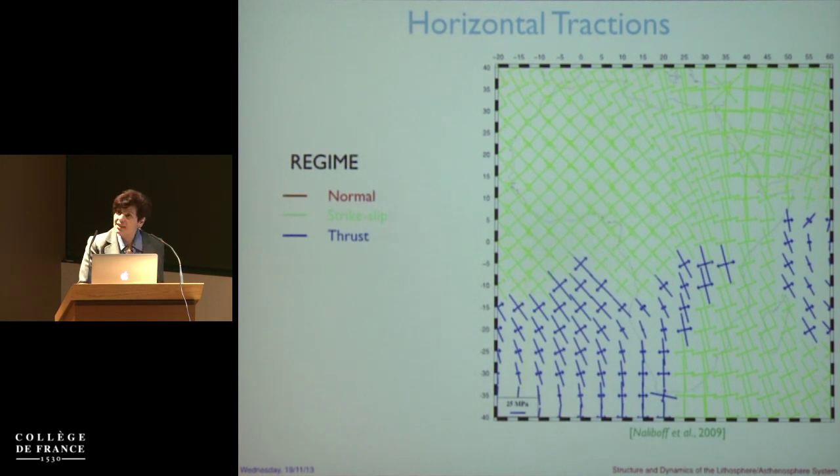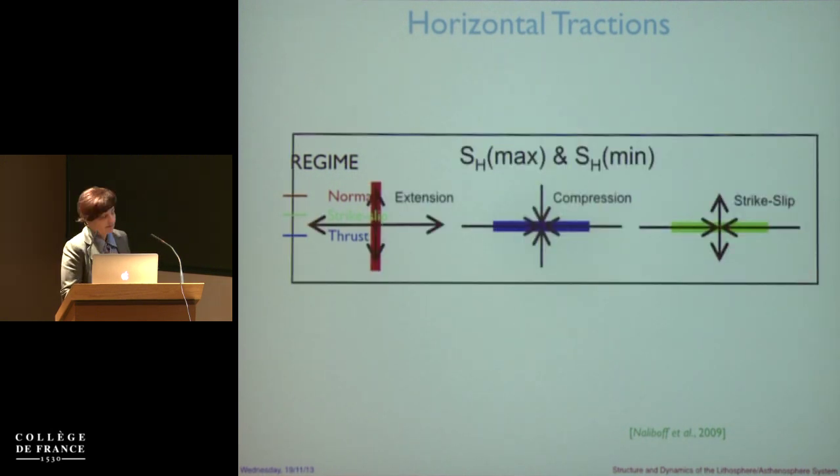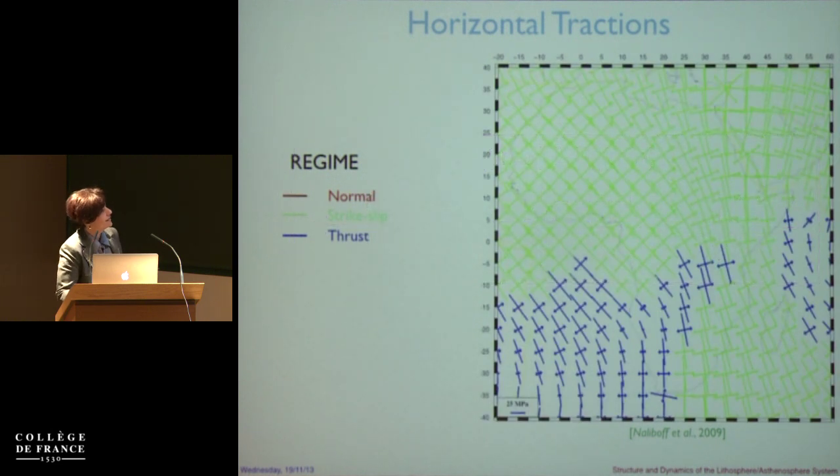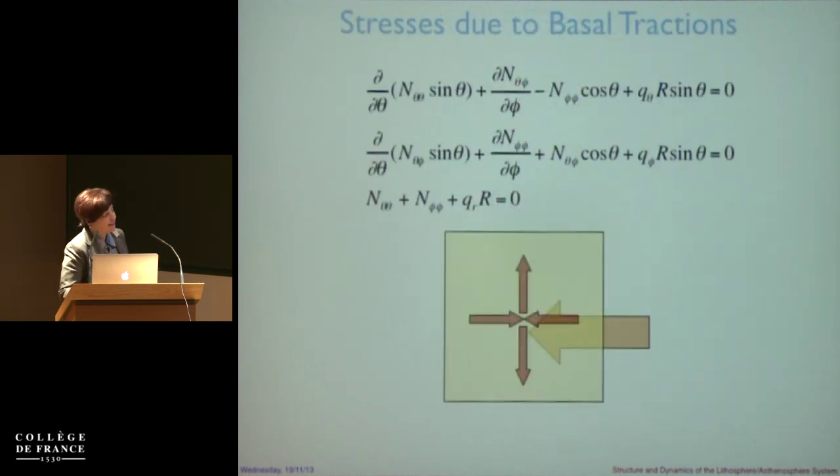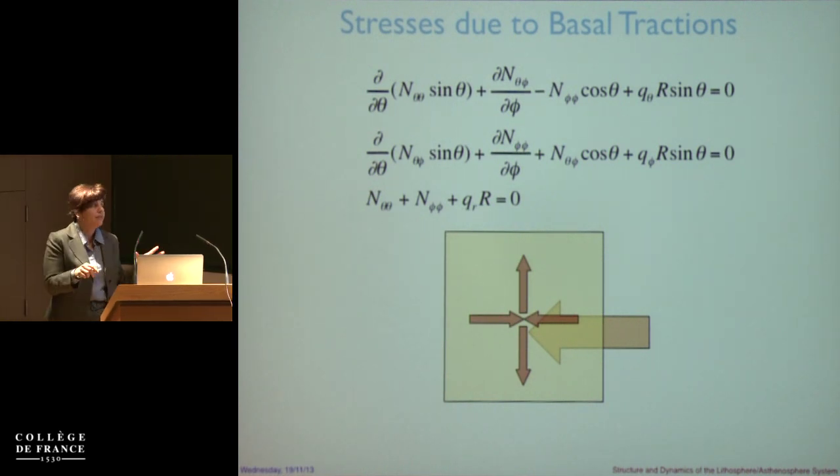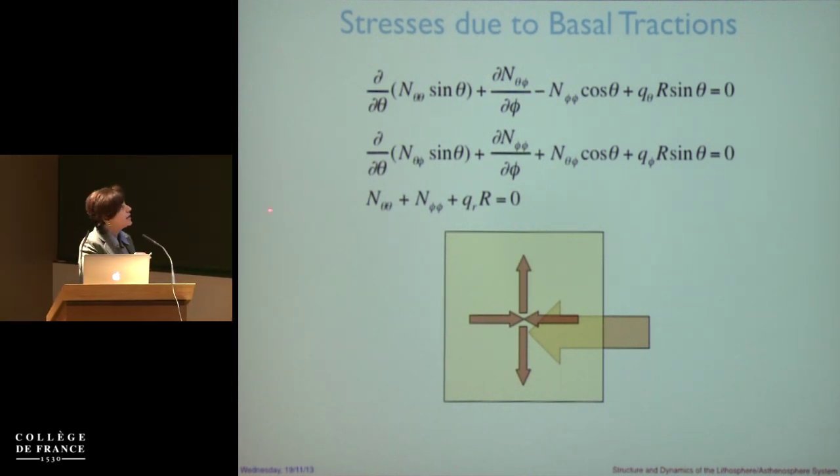Now, is this what you expect? Actually, yes, it is what you expect. If you look at the system in a much simpler way, these are the stress resultants in a membrane state of stress for an elastic medium.